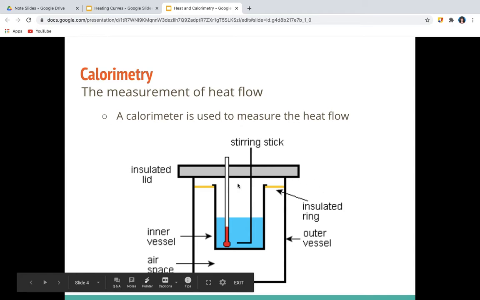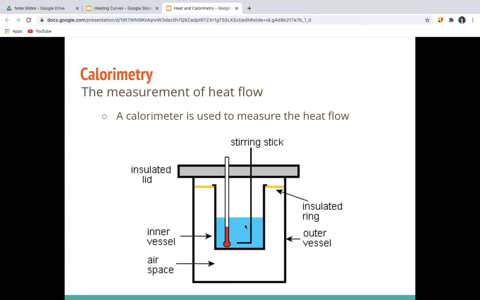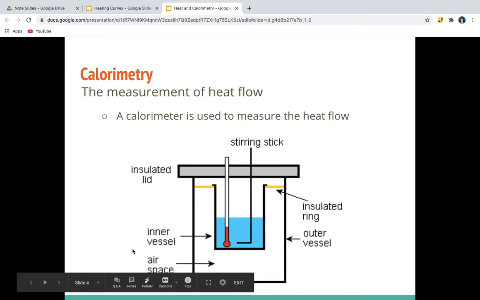And then you have a lid to go over top, and then you have a stirring stick, and you have some way of measuring temperature, so either a thermometer or a temperature probe that connects to some digital interface. Also, quite often what science teachers will use are what are called coffee cup calorimeters, and so you just have two styrofoam cups stacked in each other.